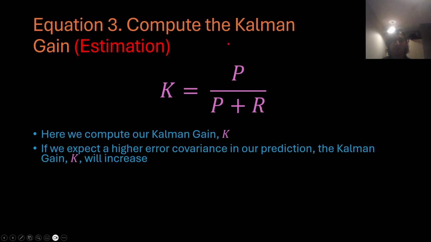This is almost like the adaptive function of the Kalman filter. This is the reason it can adapt really nicely: it's constantly computing how much error it thinks the prediction will have, and then it's basing the gain on that error.